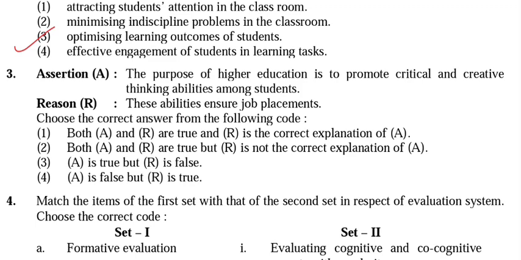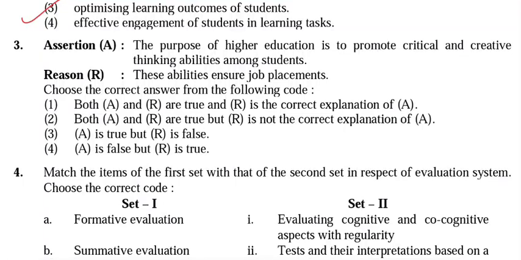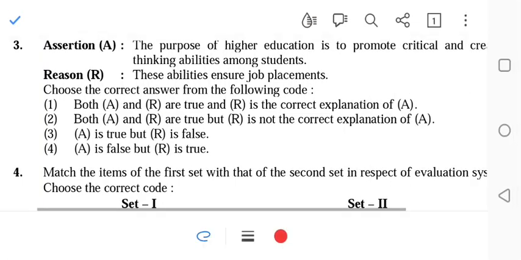Both A and R are true, but R is not the correct explanation of A. 3. A is true, but R is false. 4. A is false, but R is true. Choose one option. Okay, let me tell you the correct answer. Correct answer will be both assertion and reason are true, but reason is not the correct explanation of assertion. That means 2.